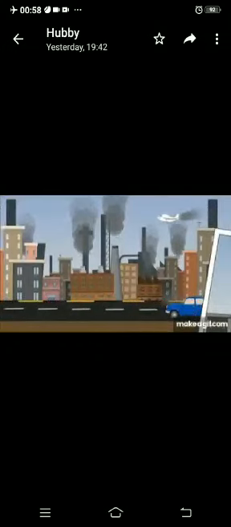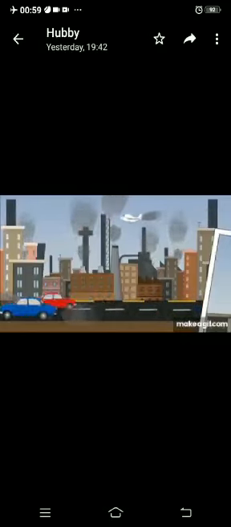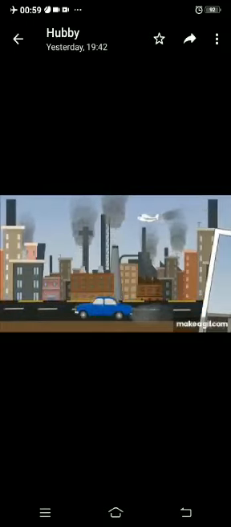However, excessive use of fossil fuels like coal and petroleum has increased air pollution. The gases released as byproducts of burning fossil fuels are very harmful for our health, like carbon dioxide, carbon monoxide, sulfur dioxide, etc.